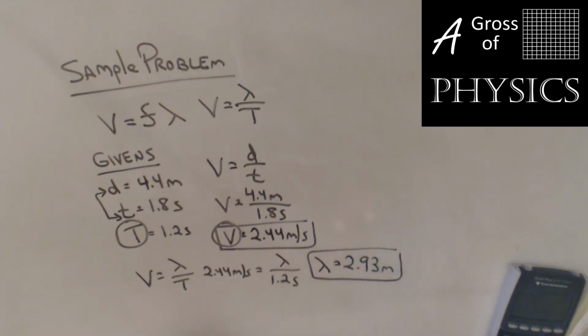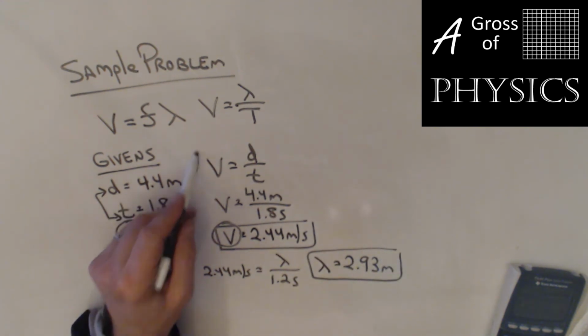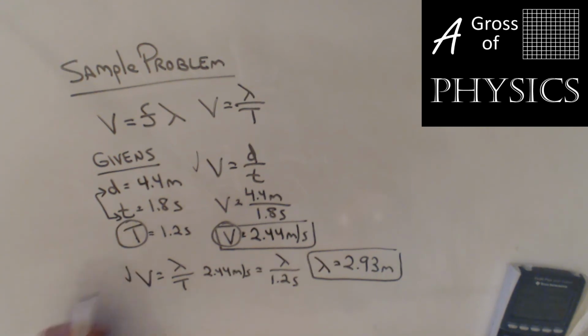A little combination of old school equations, V equals d over t, and our new school equation in wave language, V equals lambda over T. It would have to specifically say wavelength to have this d turn into a lambda. So the fact that they just said distance, that's why it's d and not lambda. So there's a sample problem using our new equation.